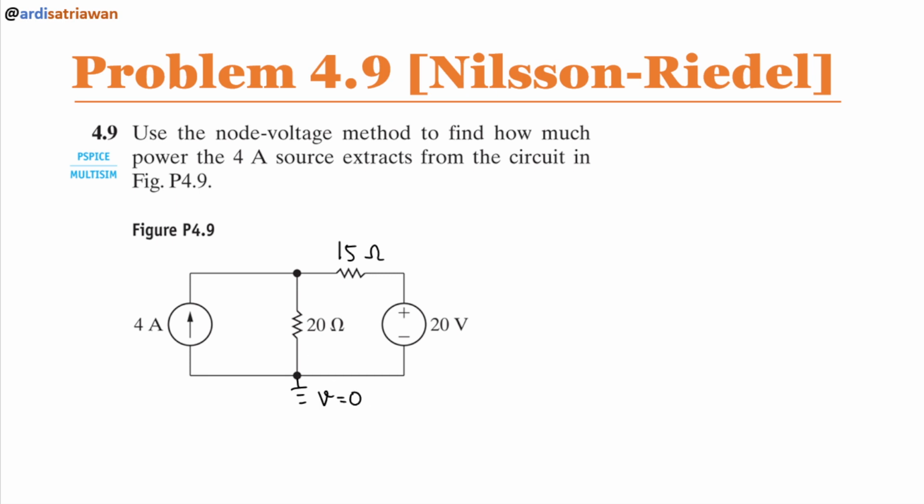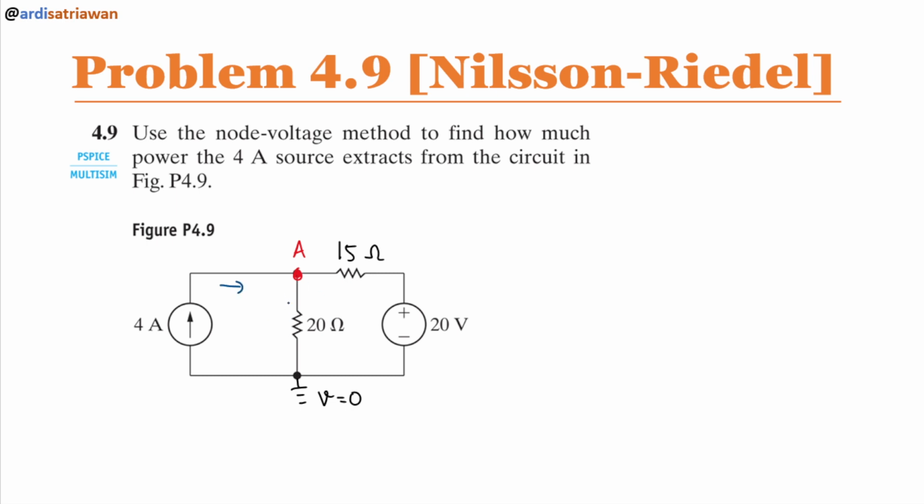And now we can do KCL at this node here, which we name node A. Okay, so now let's assume the direction of the current. For this branch, I just follow the direction of the current source arrow. So we got this here.